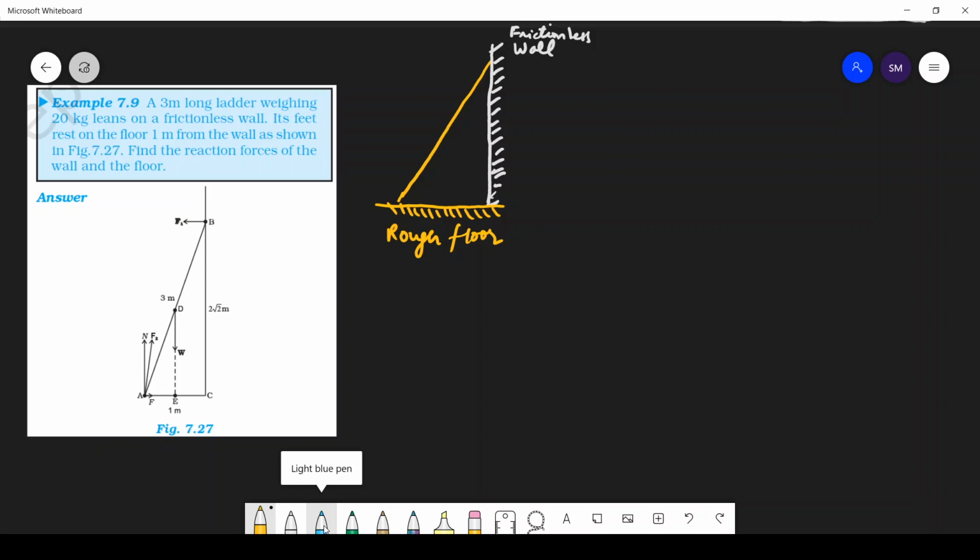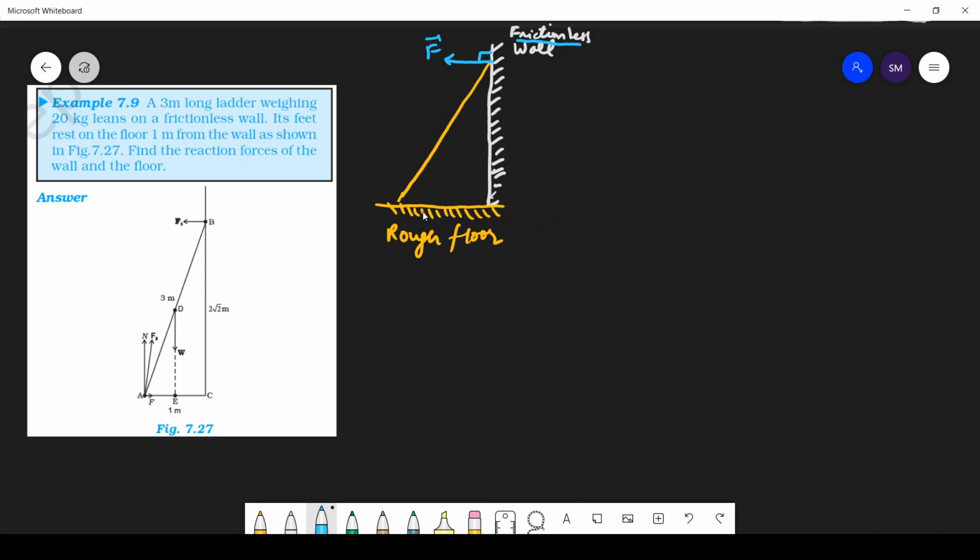That is very important for us to understand. Whenever there is a frictionless surface, we will have only one force over here, that is perpendicular to the surface. The surface which is frictionless will have only one force which is perpendicular to it.